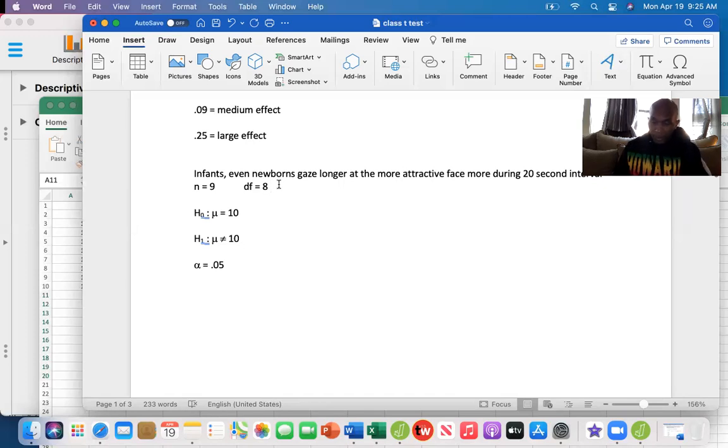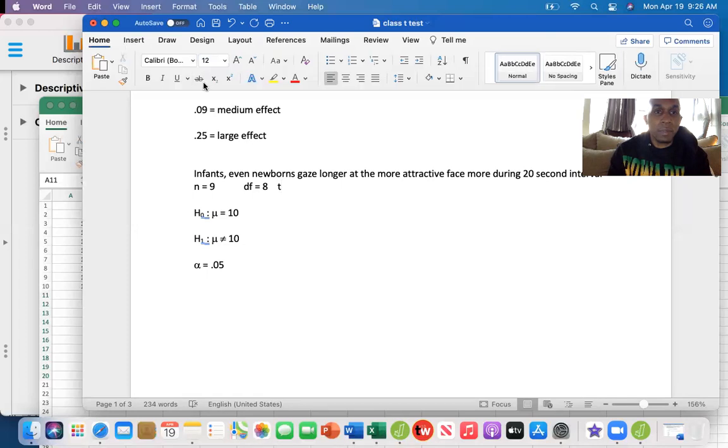Proportion in 2 tails combined 0.05, degrees of freedom 8. We have a critical t value of 2.306. So t critical is going to equal 2.306.